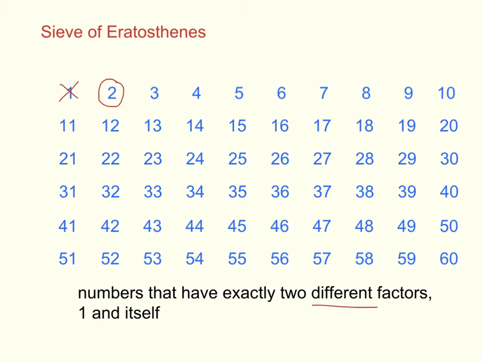So 2 has 1 and itself as a factor, and there is no other factor. So 2 is prime, and actually this is the only even prime. Can you think of why? Because if 2 is a prime number, all the multiples of 2 should be composite numbers because they will all have the factor 2.